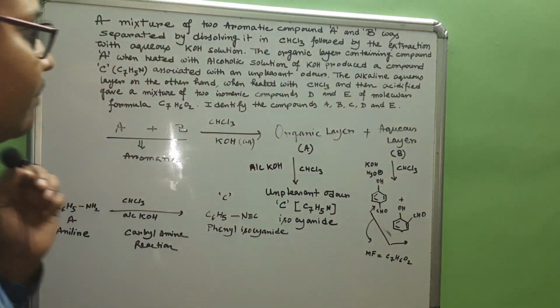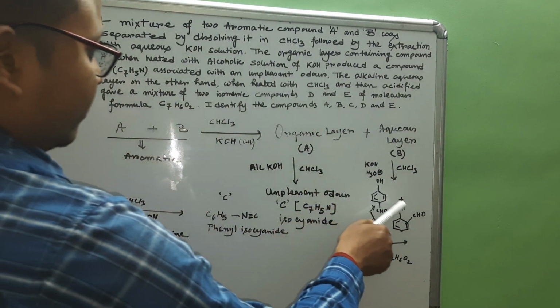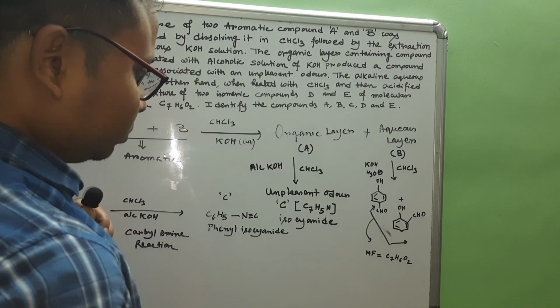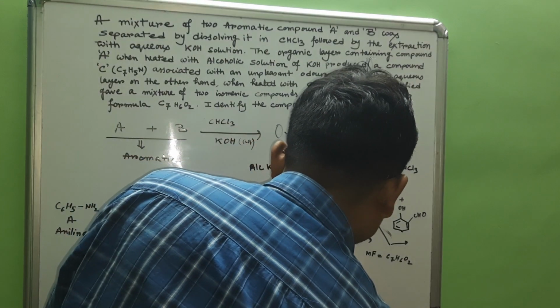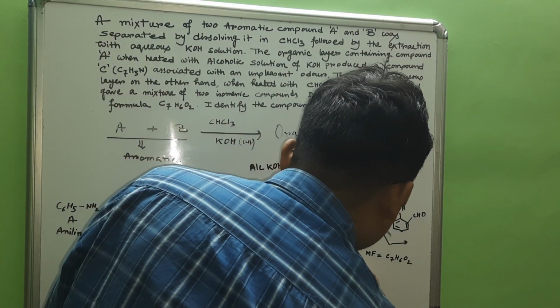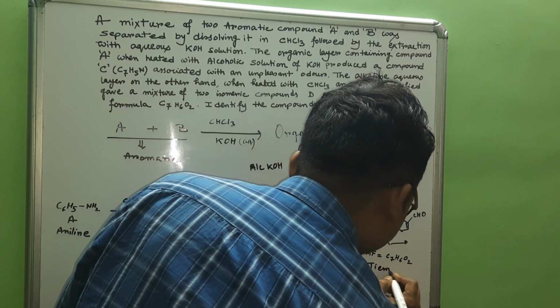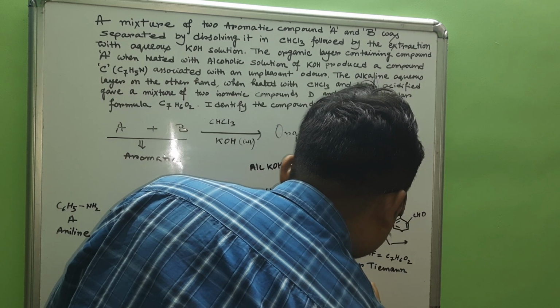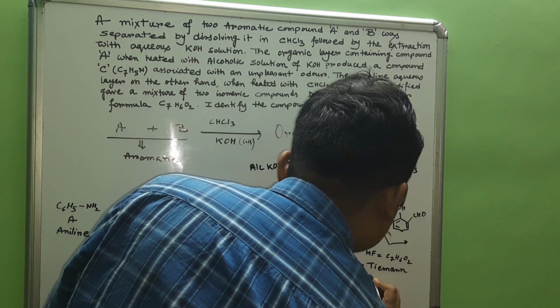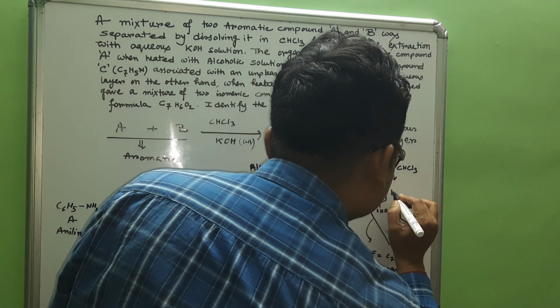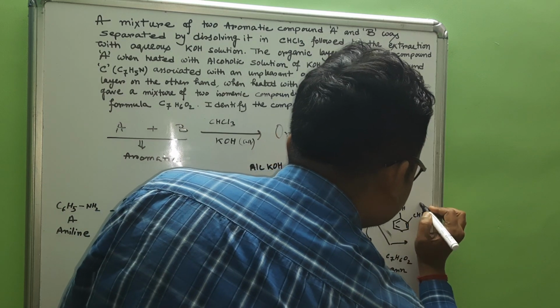One is D, another is E, and the reaction is the Reimer-Tiemann reaction.